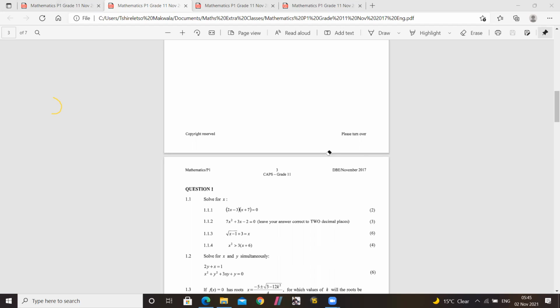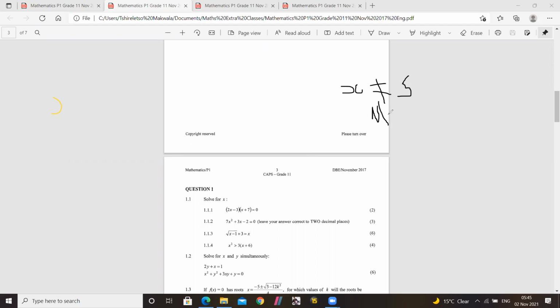So let's say x is equal to 5, and when you substitute it, it doesn't work. Then this is how you're going to show it: x must not be equal to 5.